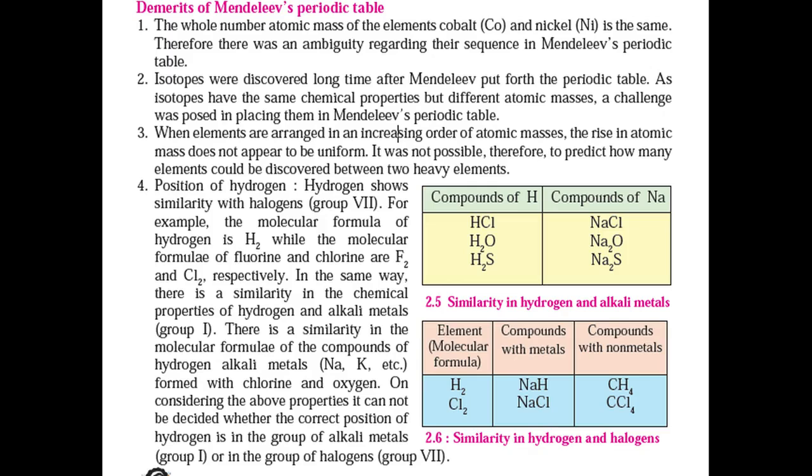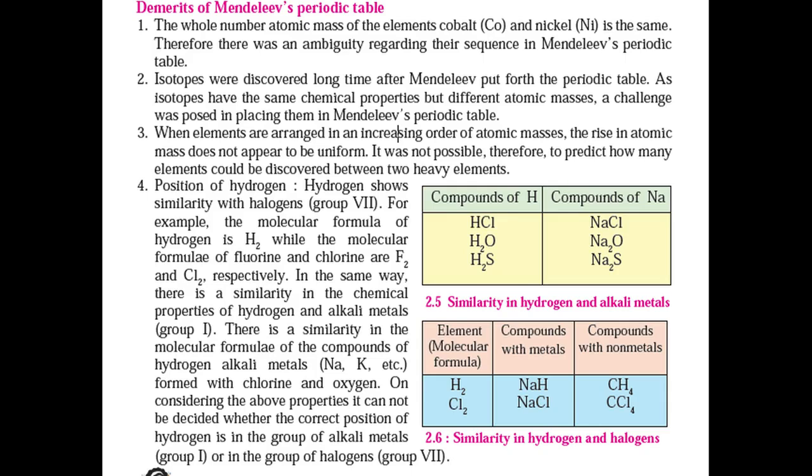Third demerit, when elements are arranged in an increasing order of atomic masses, the rise in atomic mass does not appear to be uniform. It was not possible to predict how many elements could be discovered between two heavy elements, because the increase in atomic masses was not uniform. So that was a problem.